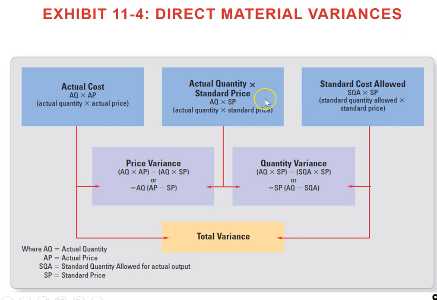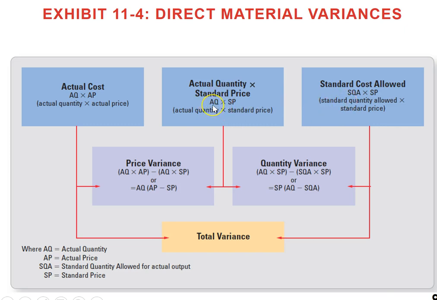Now if you compare the second versus the third box, you see that in your second box it's actual quantity times standard price, whereas the third box is all standard quantity and standard price. That means if you compare box number 2 versus box number 3, the main difference is the quantity.